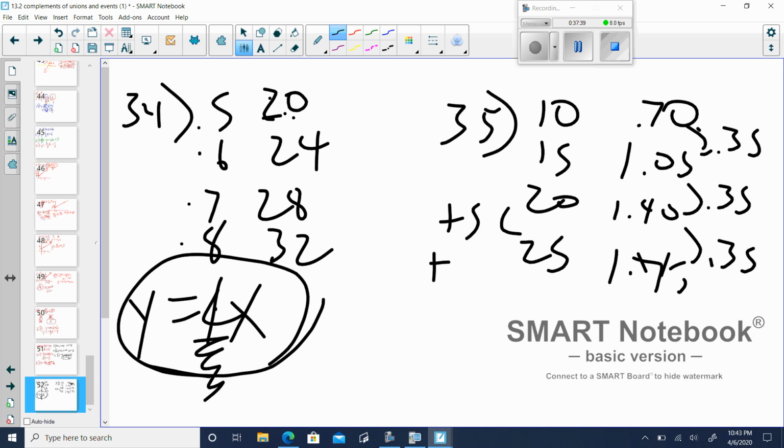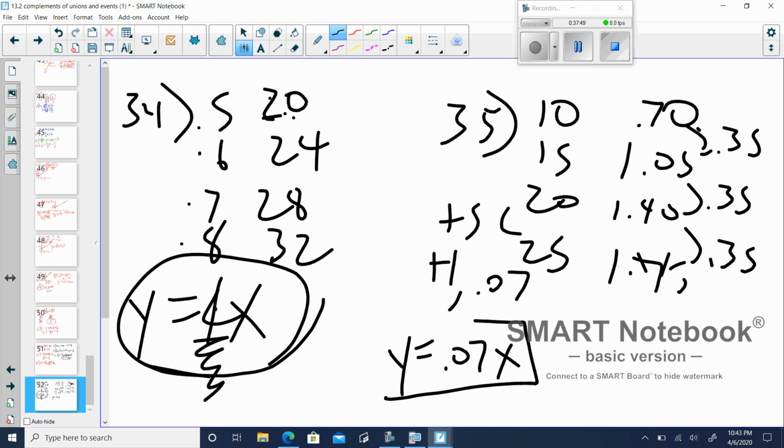That means every time we go up 1, we'd have an increase of 7 cents. So that would mean y equals 0.07x. 0.07 times 25, so 140, 35. Yeah, that works right there. So that is proportional. And our constant of proportionality is our slope, guys, 0.07.